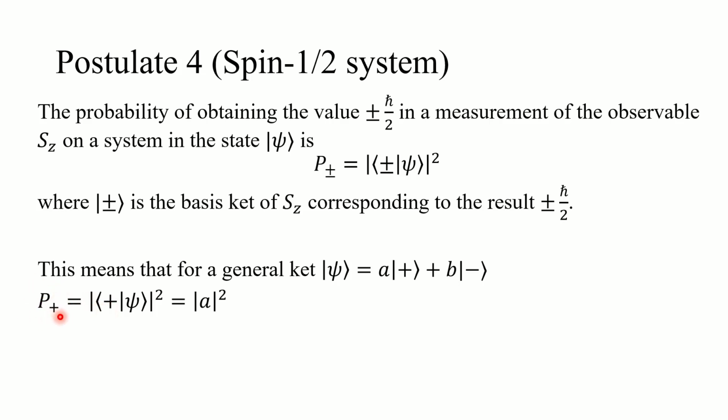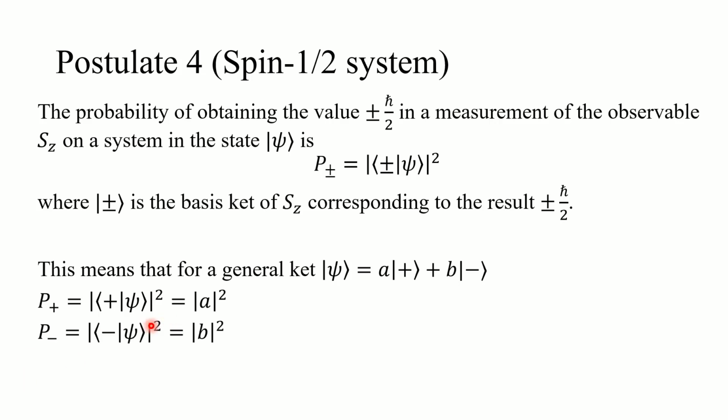I want to know the probability that my measurement will give me a spin up value. I take the inner product of the spin up basis ket with that generalized vector, and the inner product with the plus gives me 1, with the 0 gives me 0. So all I end up with is that A squared is the probability of that spin up measurement.